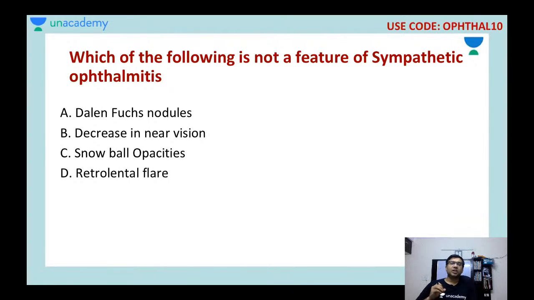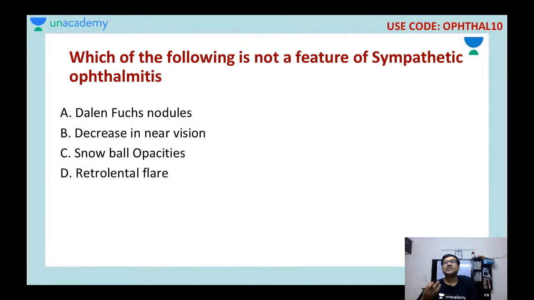If the eye has a perforating trauma near the ciliary body, there can be a hypersensitivity reaction, and this hypersensitivity reaction goes to the other eye, and the uninvolved eye also starts behaving like a panuveitis.